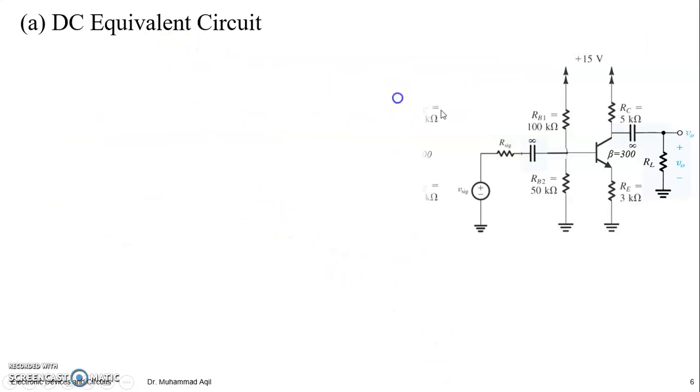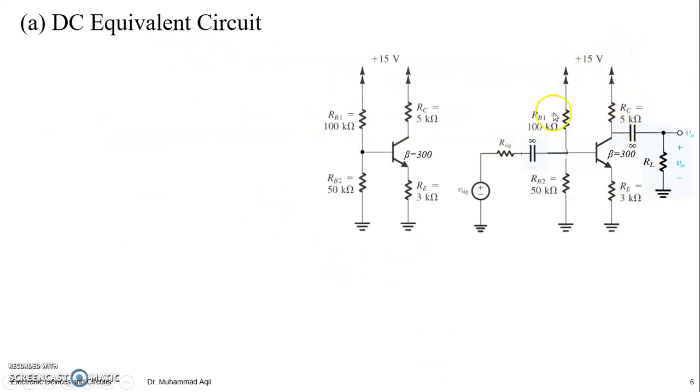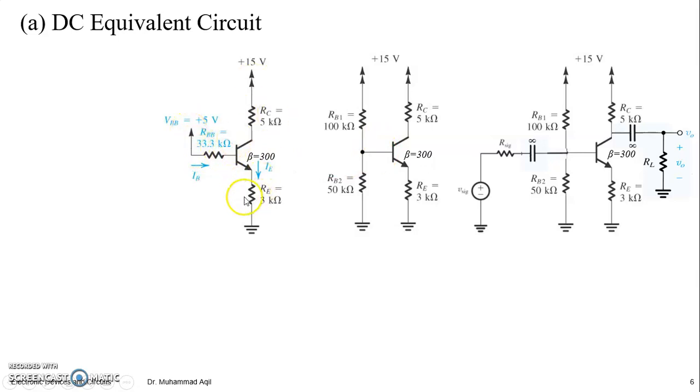Okay, so the DC equivalent circuit would be, we already know that we have to open the capacitors to get the DC equivalent circuit, right? And we can now Thévenize this circuit at this point to have a simplified version, right? And Thévenizing at this point will include a VBB voltage calculation and the equivalent RB.